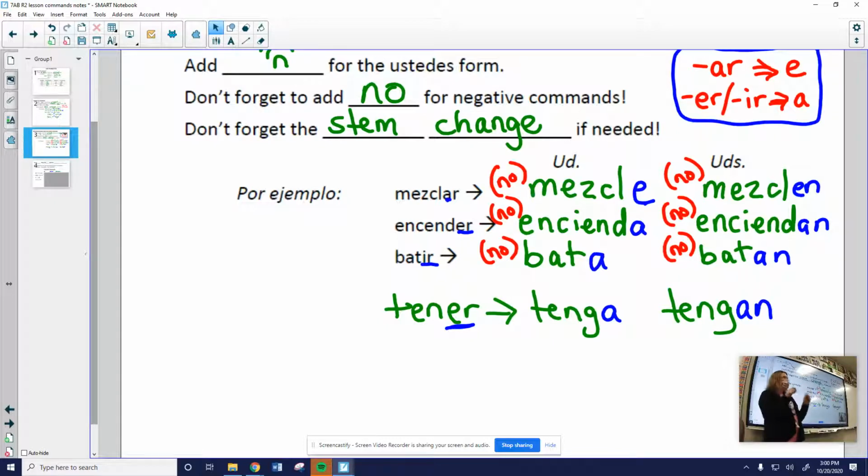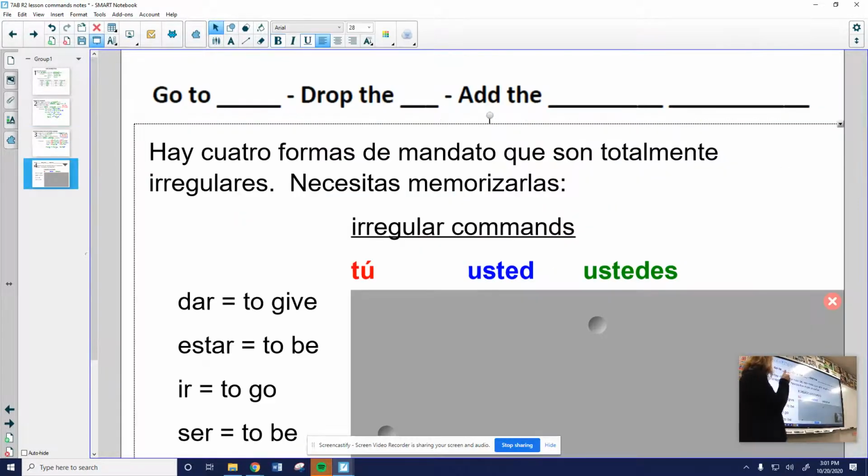The instructions might be in the usted form. If you're watching TV in Spanish, like a cooking show, you might see or hear these commands because the host is telling you, the audience, to add your eggs and beat the cheese into them, for example. Pues, un poco más.